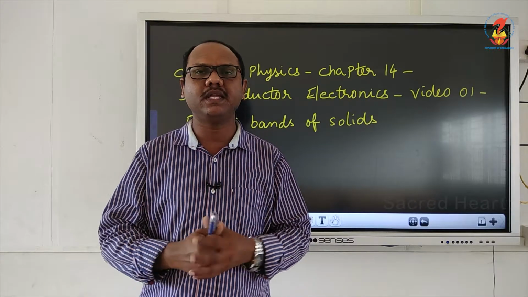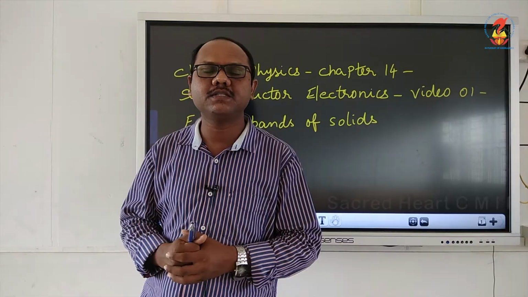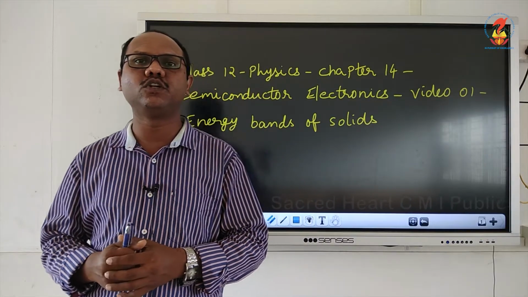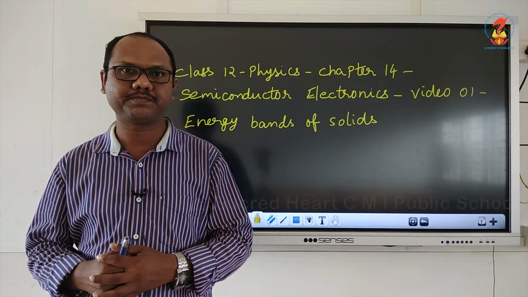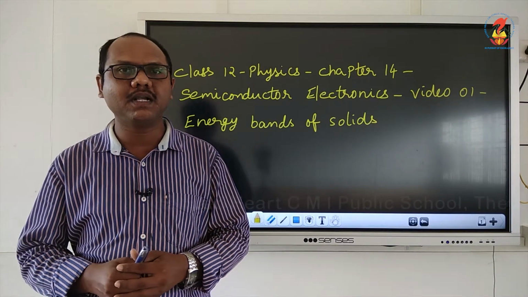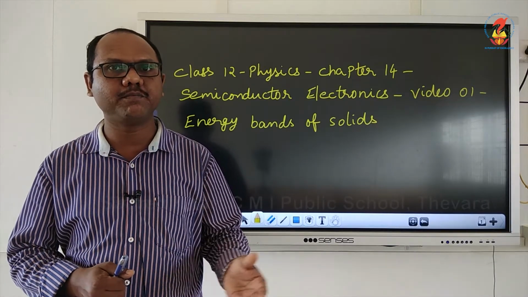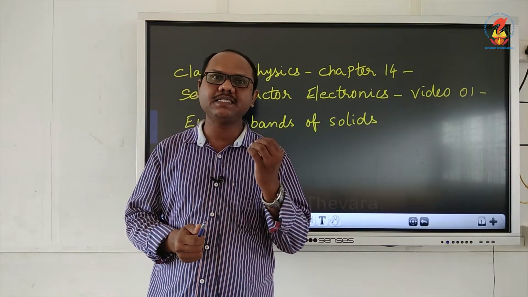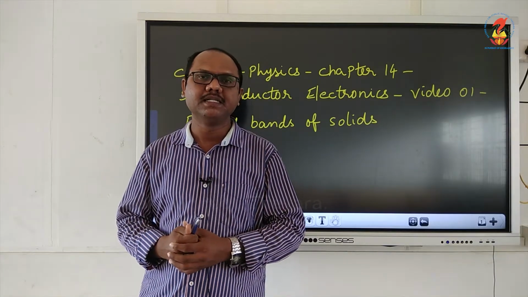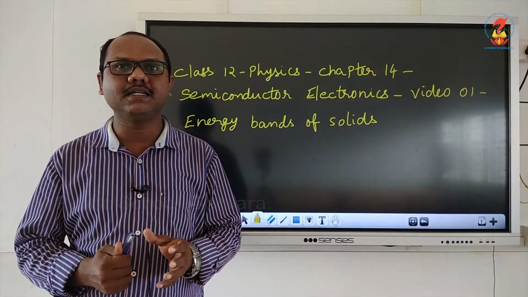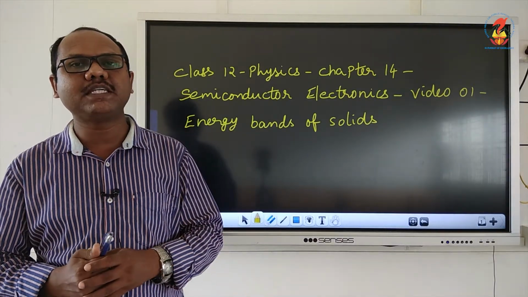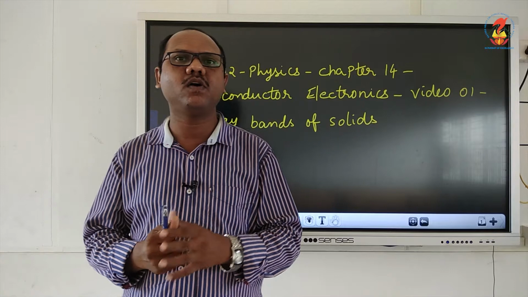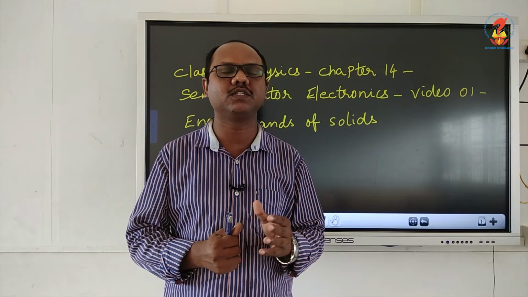Now what are insulators? Insulators are materials which do not conduct electricity. Example, rubber, wood, paper, etc. Now what is meant by semiconductor? Semiconductor is a material which can partially allow the flow of charges through it.